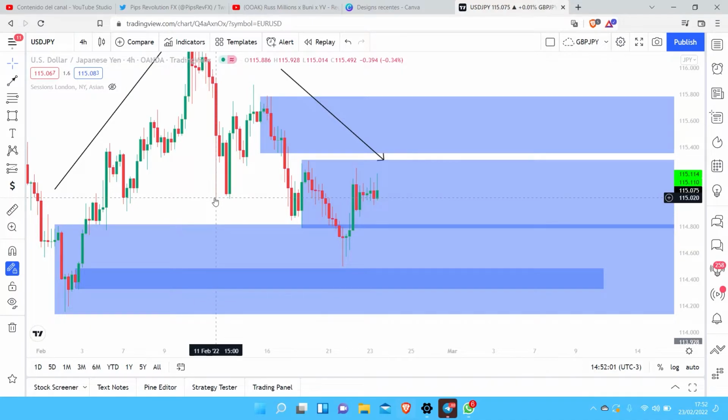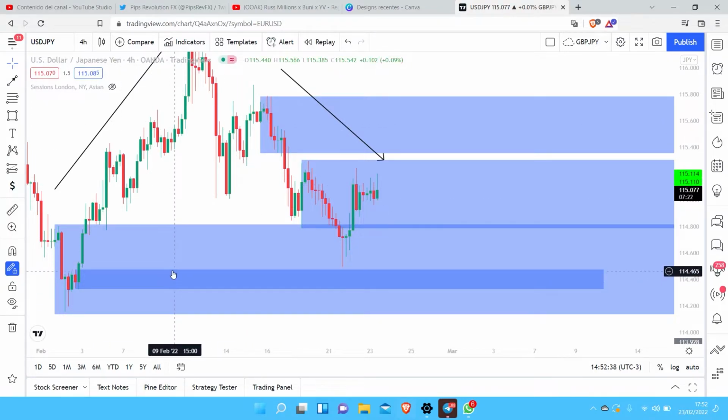So I marked the daily order block, and inside of the higher time frame order block, I will take a closer look and see where the order blocks of the lower time frames are.